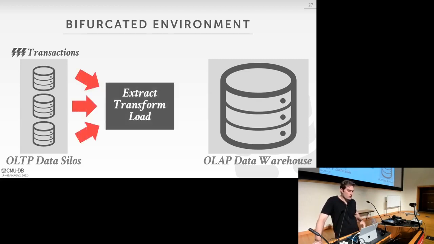And then we're going to go through this process. It's usually called extract, transform, load, ETL, where we take all of the data out of these different silos. It may be formatted differently. There may be redundant data. So for example, you could have a student stored in multiple databases with the same name.